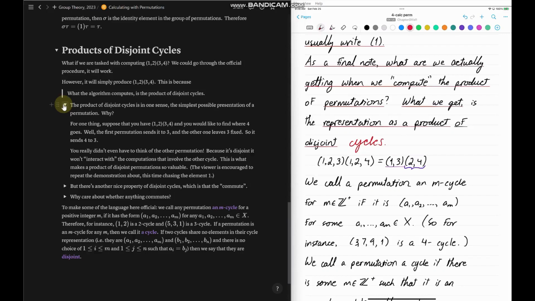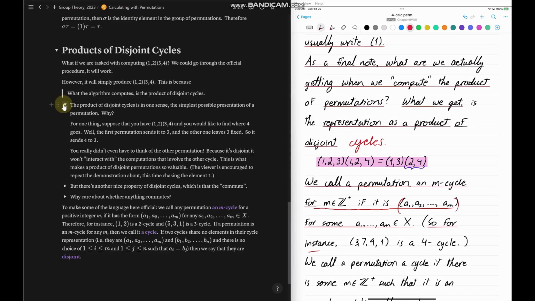So you can see in this other example that (1 2 3) product (1 2 4) results in (1 3) product (2 4). We call a permutation an m-cycle if for some positive integer m, it is a sequence of elements, a1 through am, in a single pair of parentheses for some elements in the set being permuted.